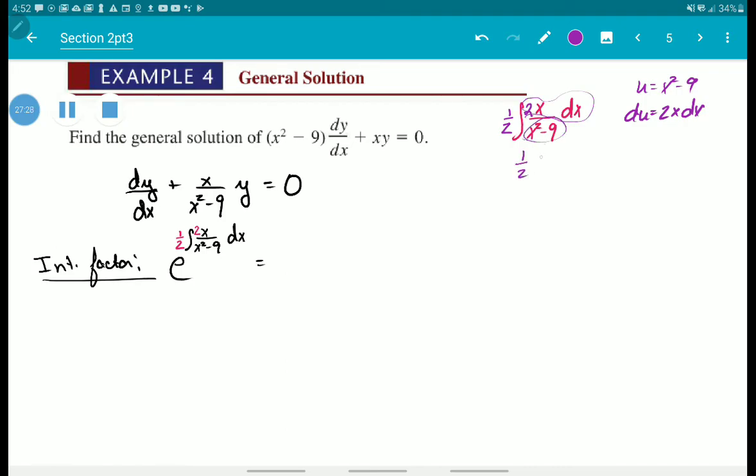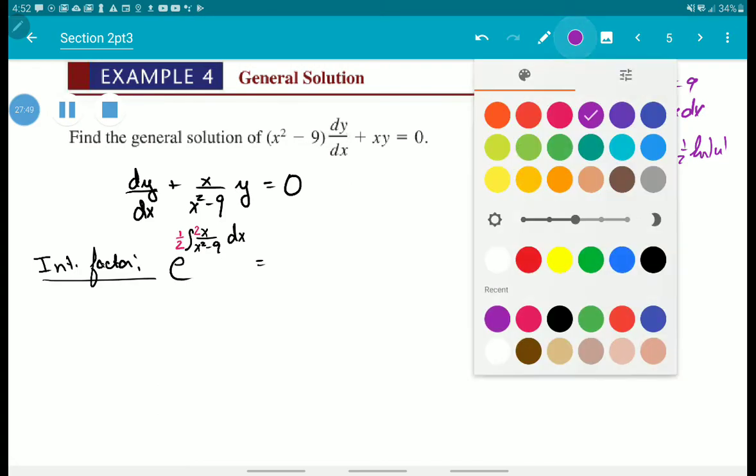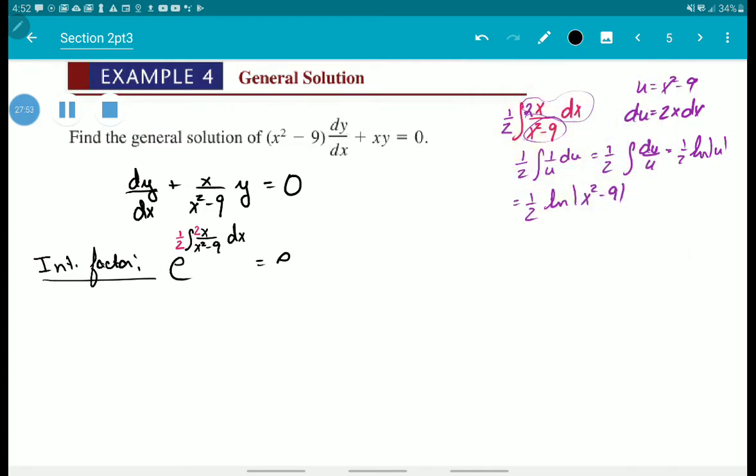So now we're integrating the 1/2 du over u, which is the ln of the absolute value of u, which is 1/2 times the ln of x squared minus 9. So we're doing a u substitution to solve that. So we're going to have e to the 1/2 ln of x squared minus 9.